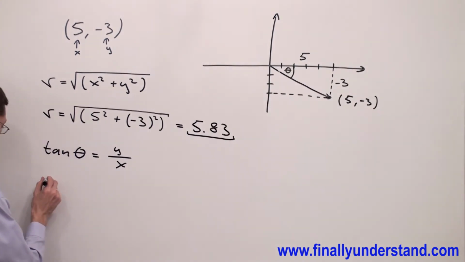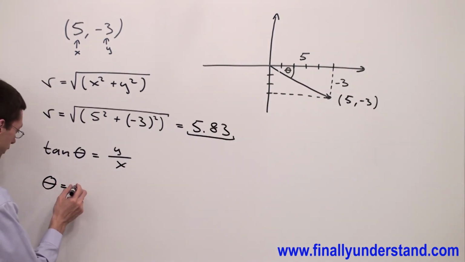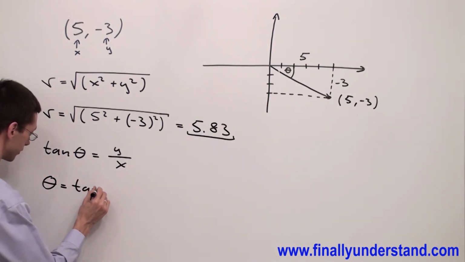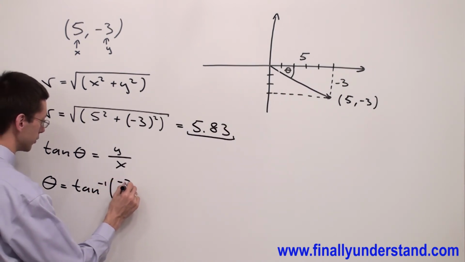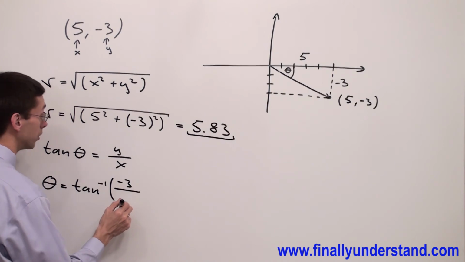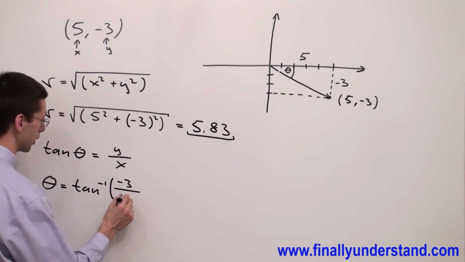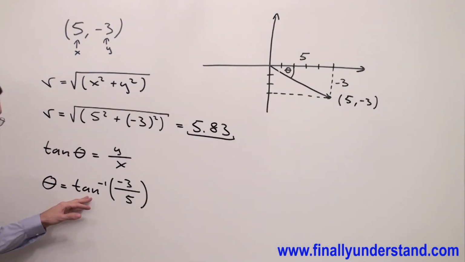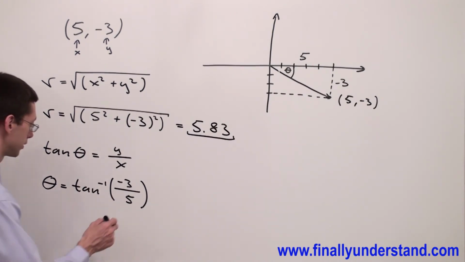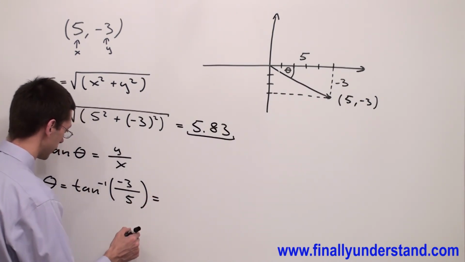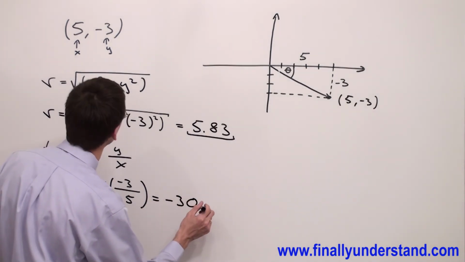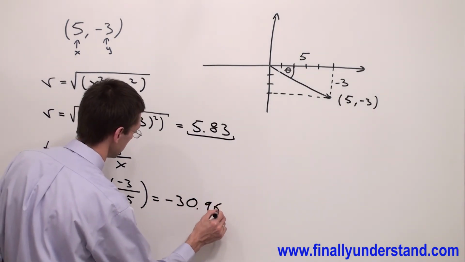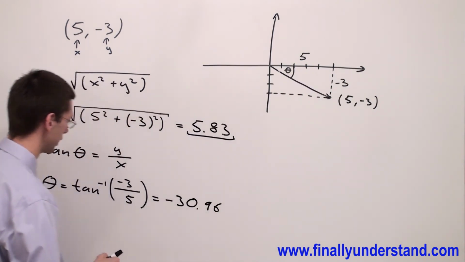So in order to find theta, I'm supposed to find the inverse tangent of y equals -3 over x, which is equal to 5. Now we're supposed to use the calculator and get the angle. The angle is equal to -30.96. So this is my angle.